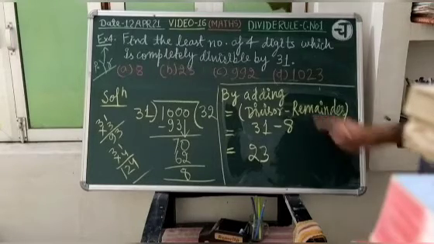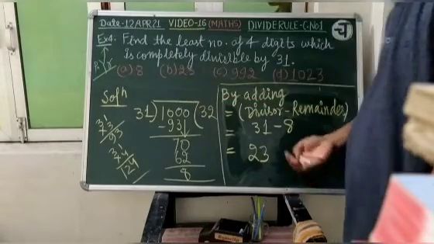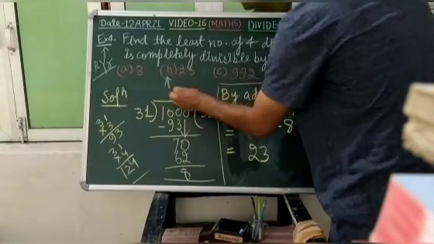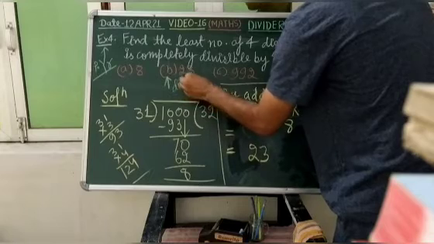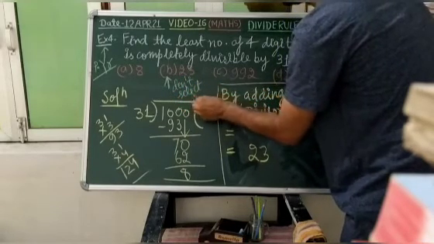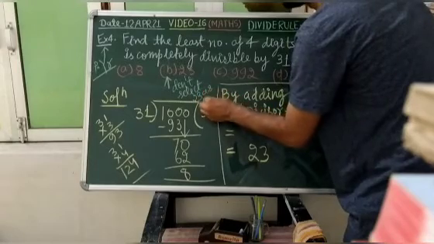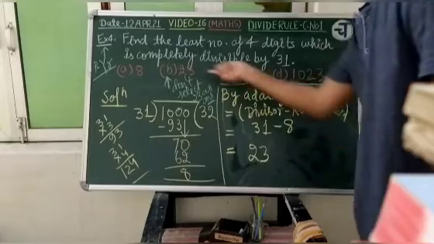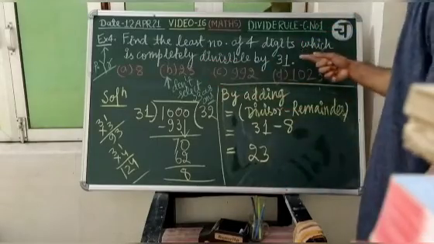But you will not give 23 as your answer. If you are selecting, don't select 23 as the answer just because we have to add 23 to it to make it completely divisible.